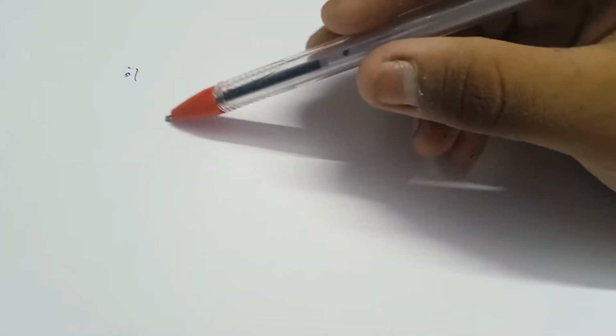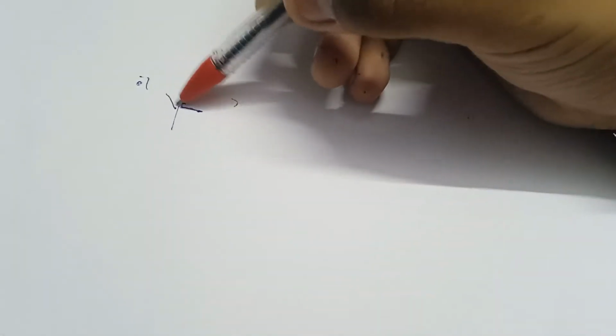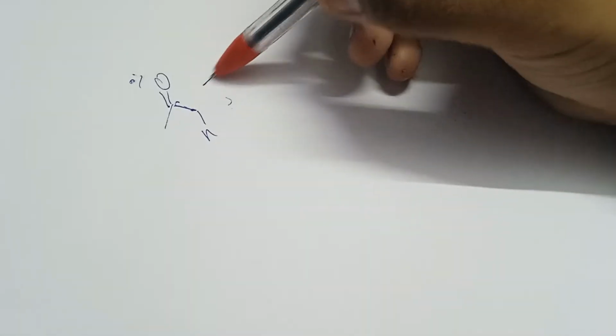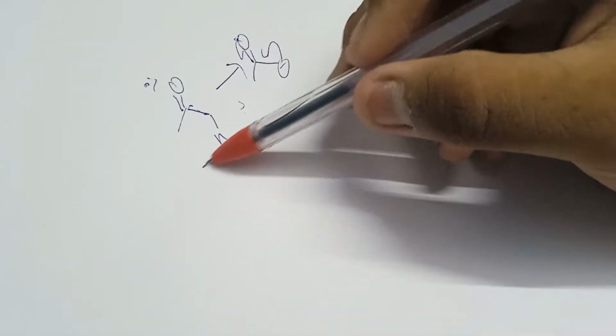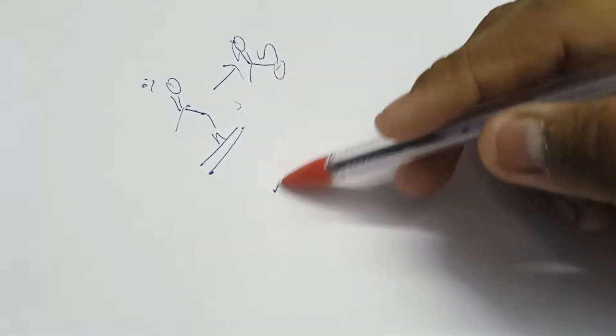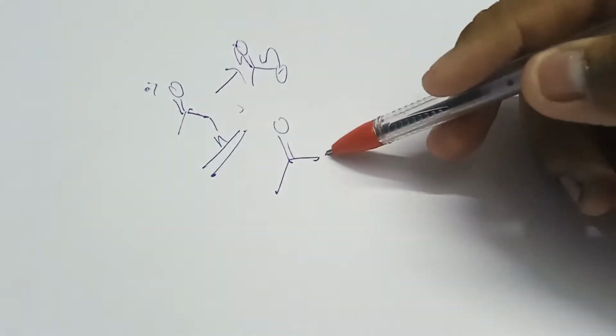In that, if we have an alpha hydrogen, then this H is acidic because its conjugate base would be stable due to resonance. Because it is acidic, it is sensitive to base, and it would react with NaOH to give an enolate ion like this.